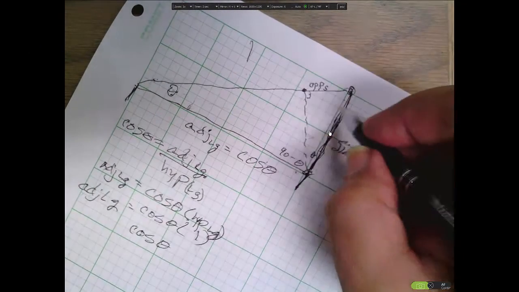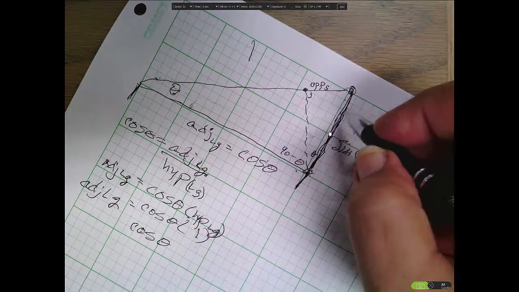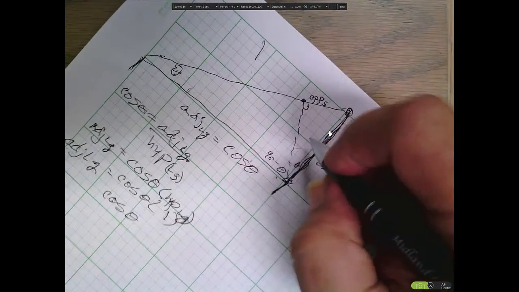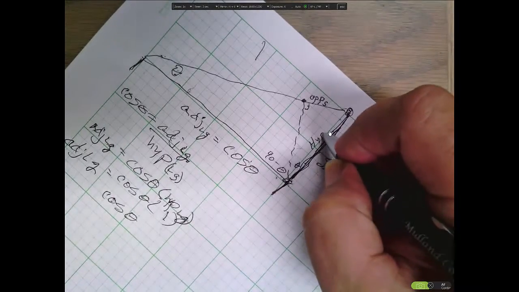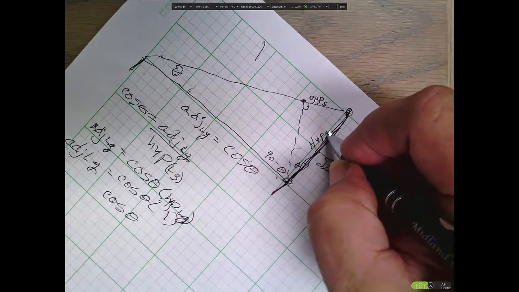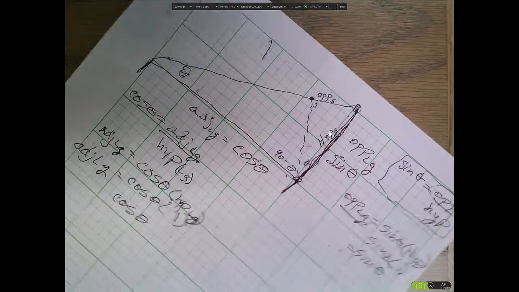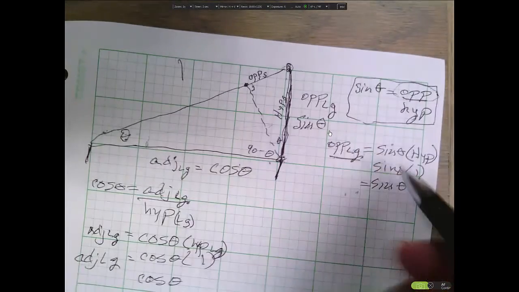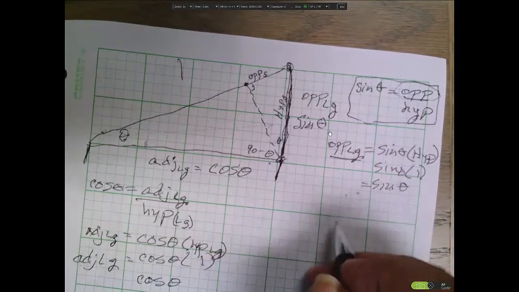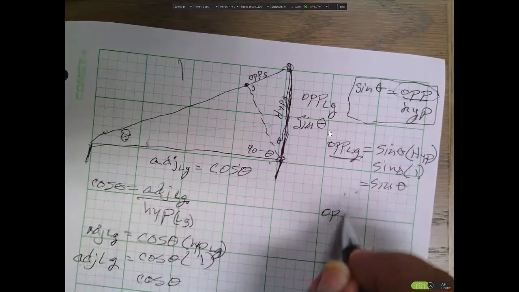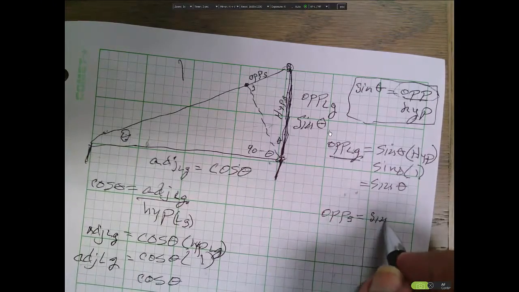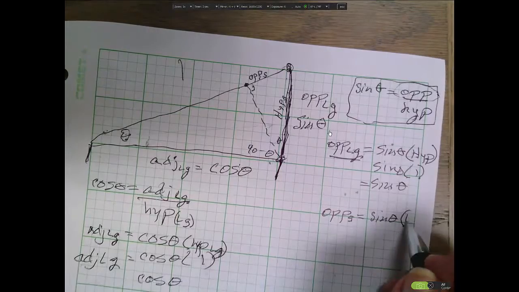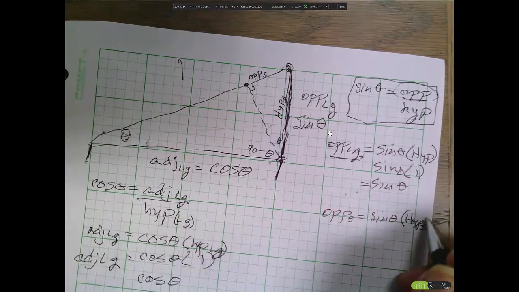You can see that it's opposite the 90-degree angle. So I'm going to give this some symbolism here. I'm going to call it the hypotenuse sub S for small. Okay, so I'm going to use this equation again. Opposite sub small can be calculated by sine of theta times the hypotenuse sub small.